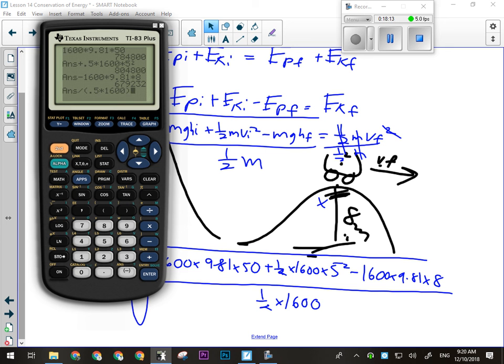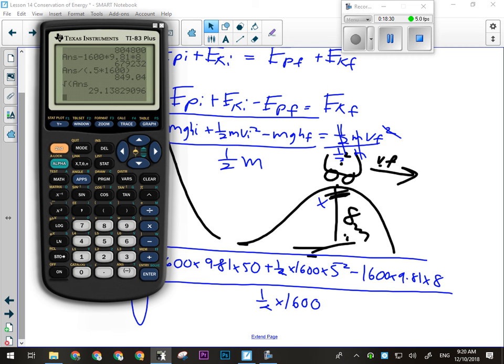I could have just written 800 as well. Then I have to square root that. So when it gets to that point, it'll be moving at 29.1 meters per second.